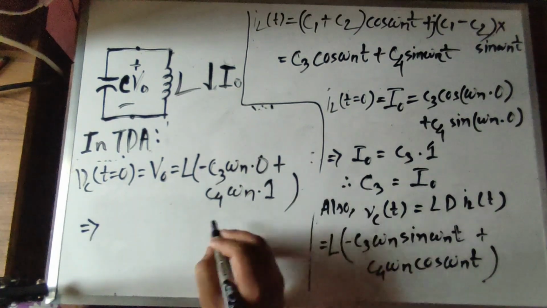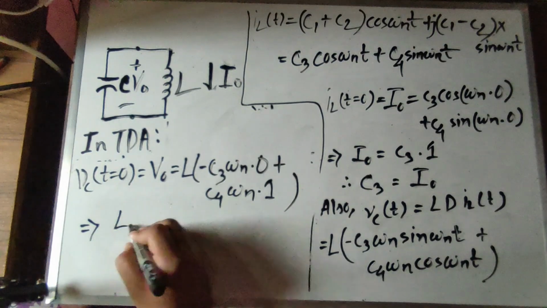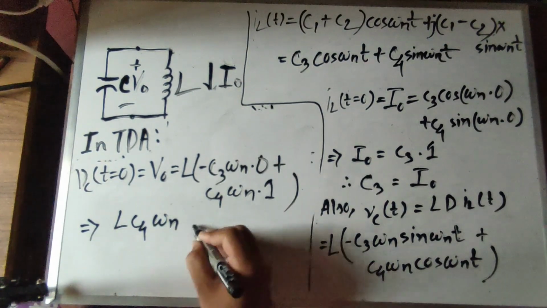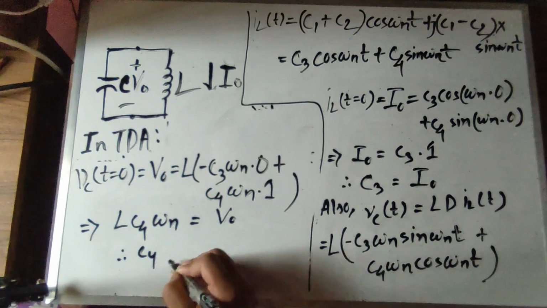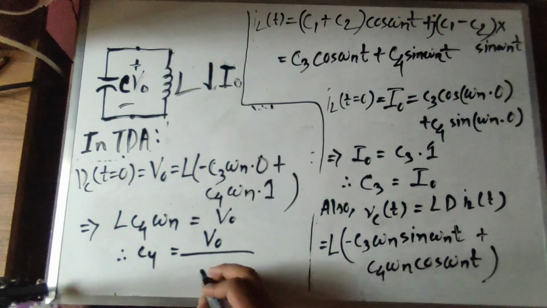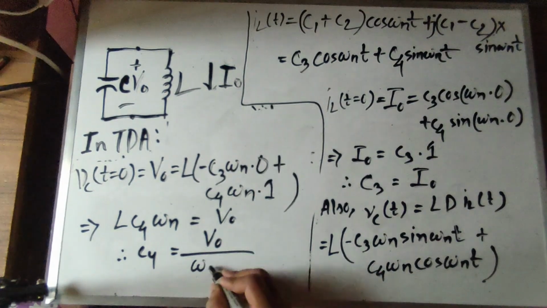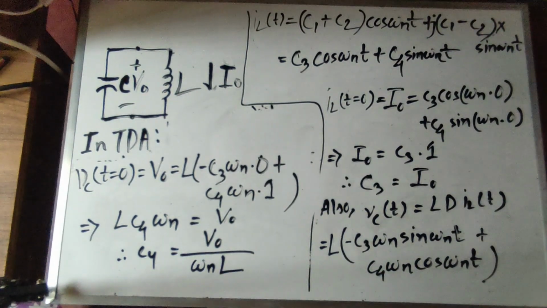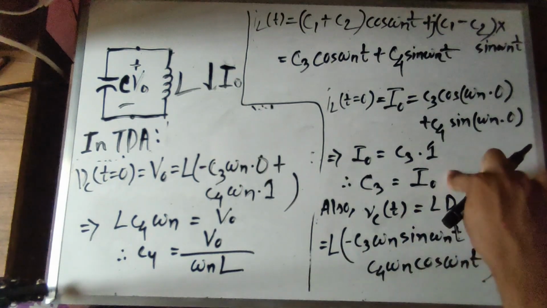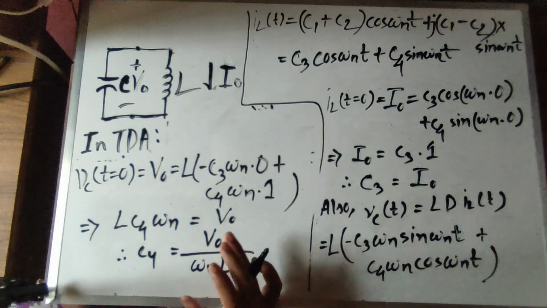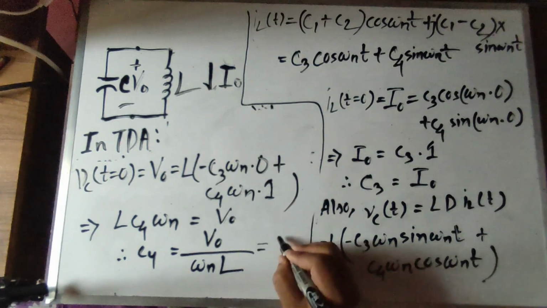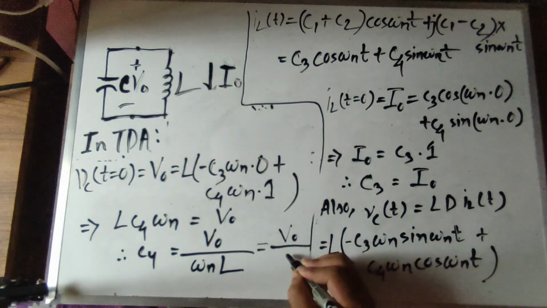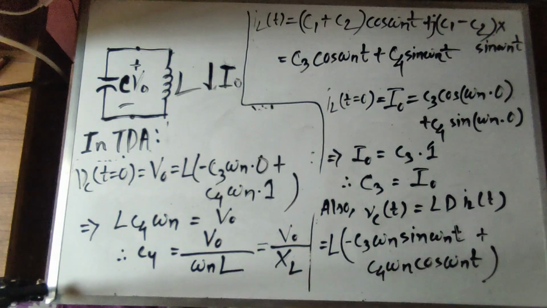Now this will give us L C4 omega n equals V0. Thus C4 equals V0 by omega n L. So we have got all our arbitrary constants. C3 is the initial current and C4 is the initial voltage divided by omega n L, which can also be represented by V0 by XL. XL is the reactance.